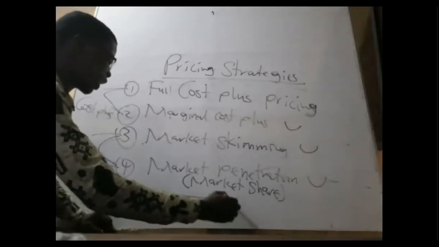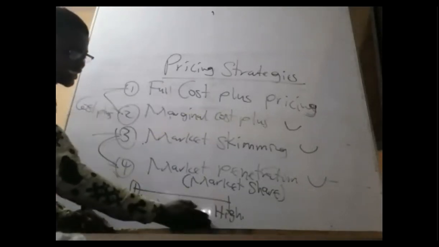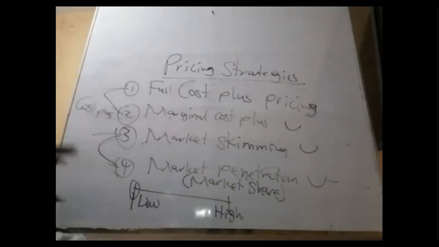Later, you charge a high price, when everybody has probably known you, and competitors are setting in. By the time competitors set in, everybody knows you. Good. So I'll give you a classical example. Look at when Momo started in Ghana.